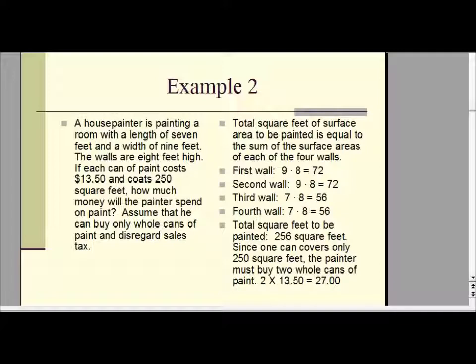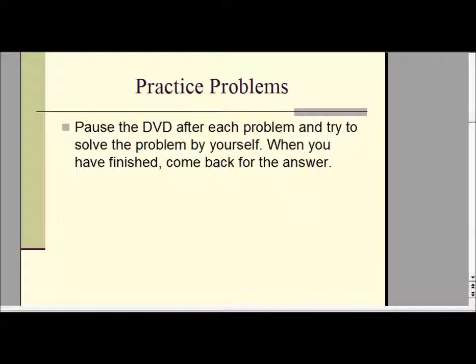The fourth wall opposite the third wall will be 56 square feet also. Add up all those areas for a sum of 256 square feet. Since one can covers only 250 square feet, the painter must buy 2 whole cans. Because each can costs $13.50, 2 times $13.50 is $27.